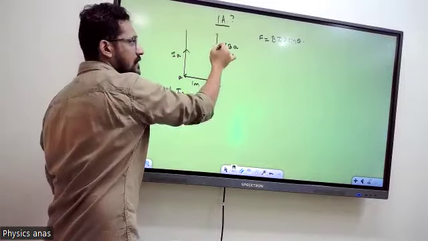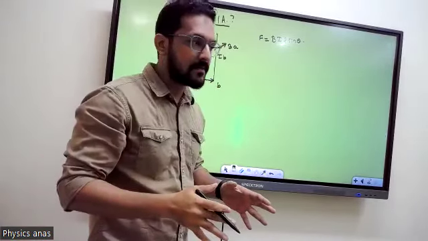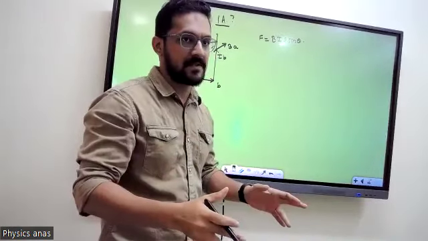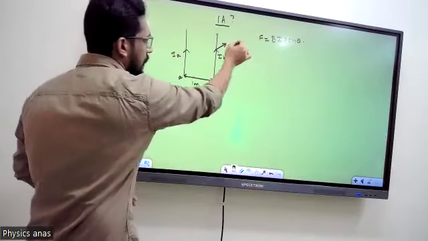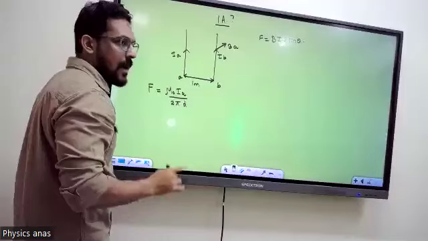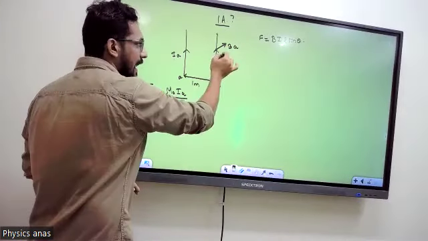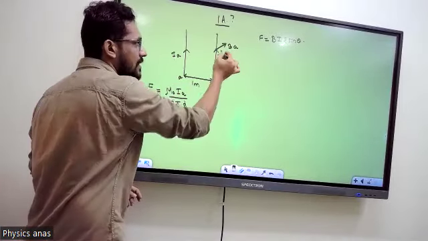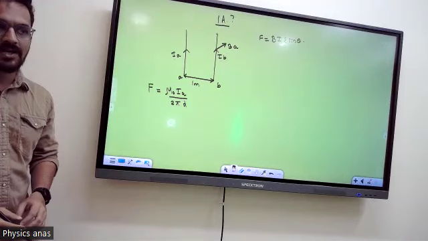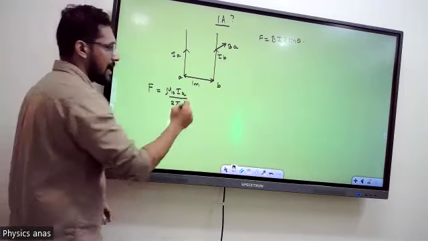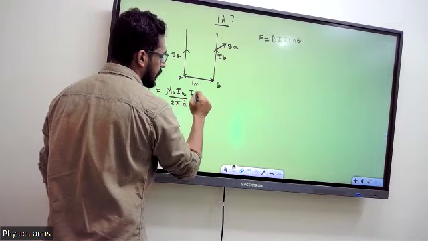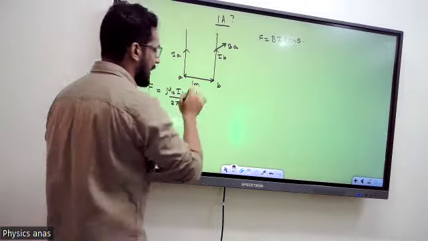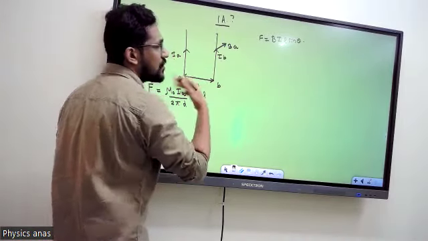IB is the current causing the force here, because a current carrying conductor in a magnetic field will experience a force. The magnetic field is produced by this current, but the force experienced on B is due to the current through B. So that will be mu naught IA IB L into sin theta.